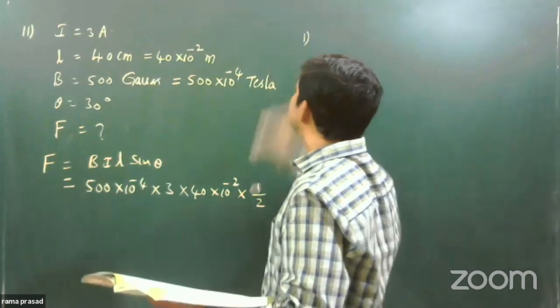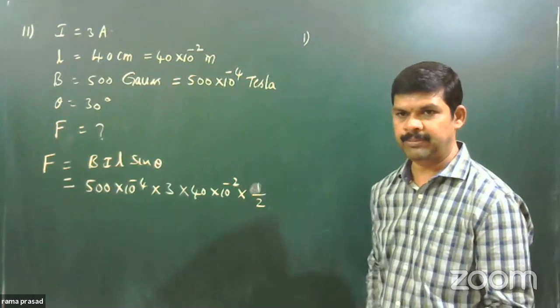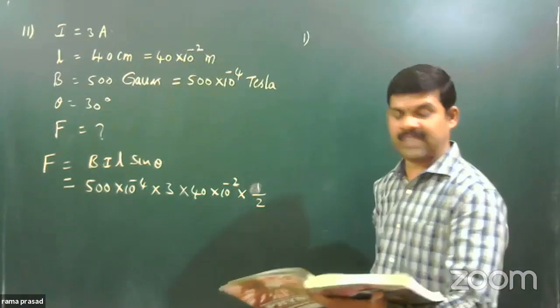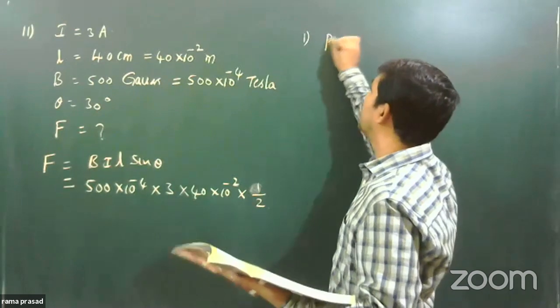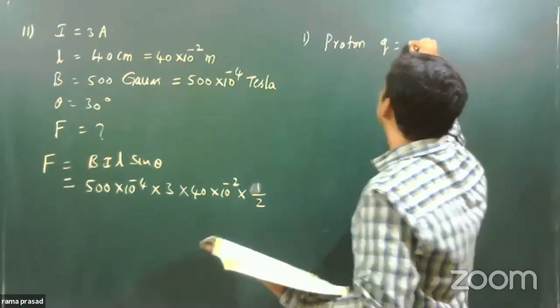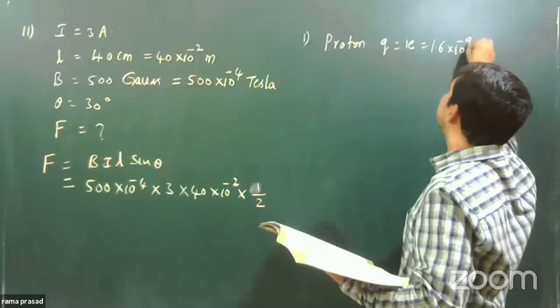See in the exercise, first problem: a proton enters a magnetic field of flux density 1.5 Tesla. What is the charge of a proton? 1e, that is 1.6 into 10 to the power of minus 19 coulomb.